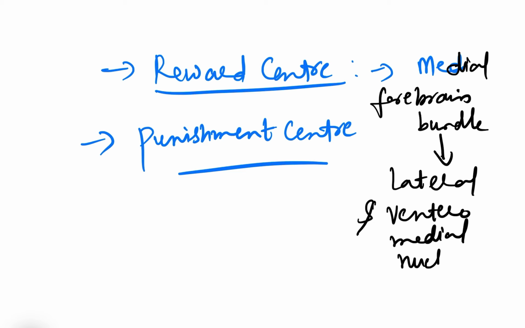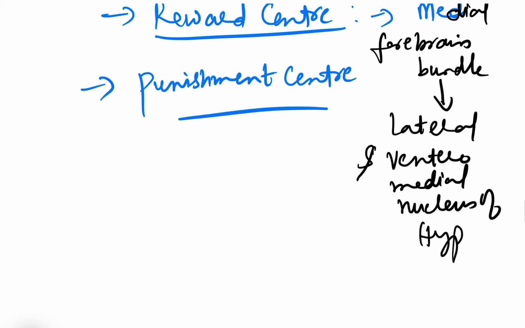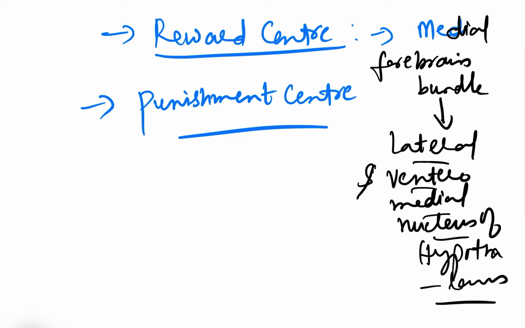Whenever this center is stimulated, it encourages the animal or human being to seek more of such stimulation. Okay, that is the reward. They will feel like getting the reward.